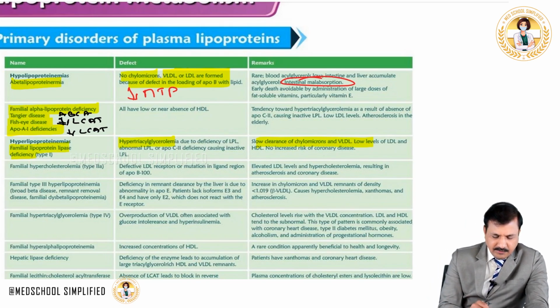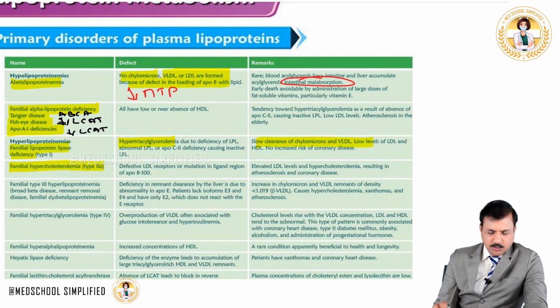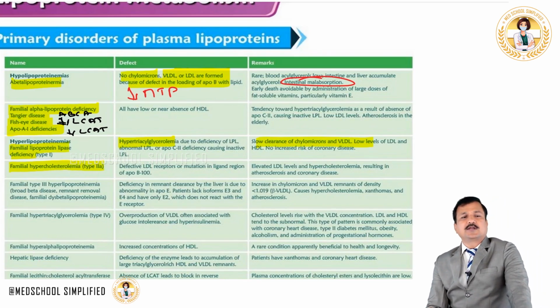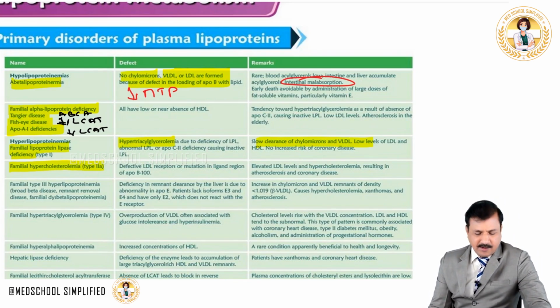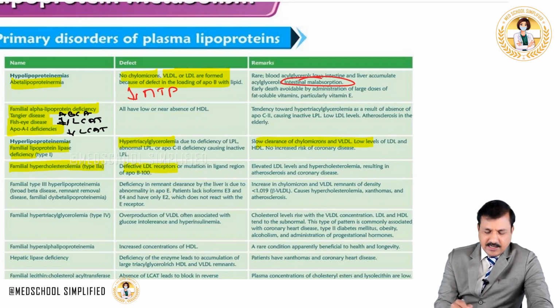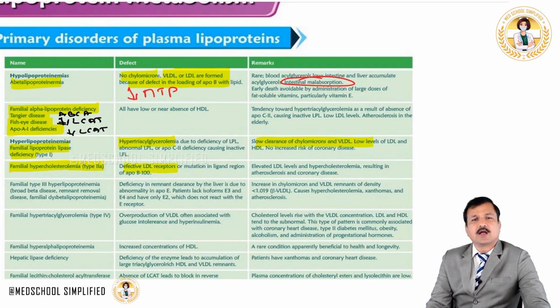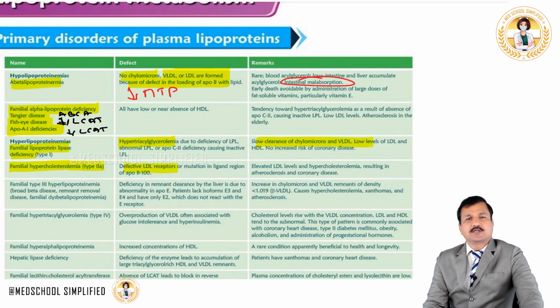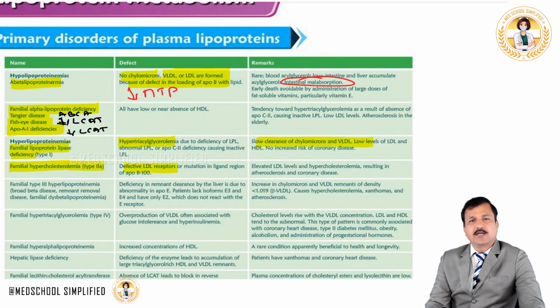Coming to the next hyperlipoproteinemia, type 2A, that is familial hypercholesterolemia, as per Fredrickson's classification. The defect is LDL receptor mutation, and the most common LDL receptor mutation is seen in the ligand binding domain, exon number 4.